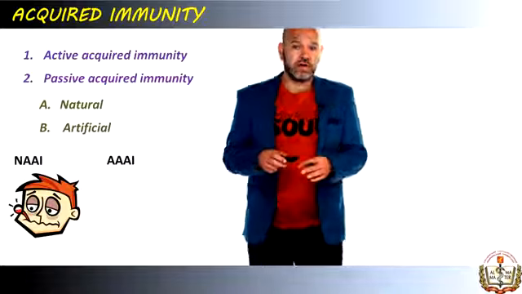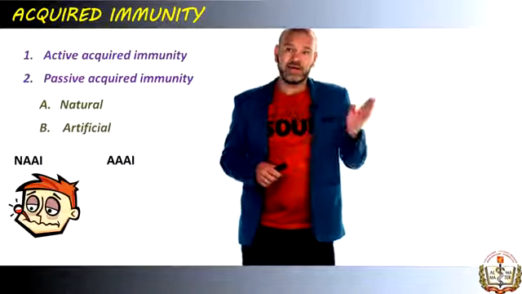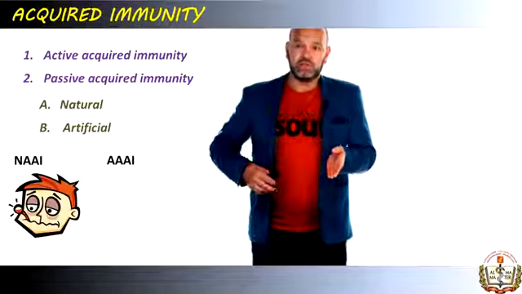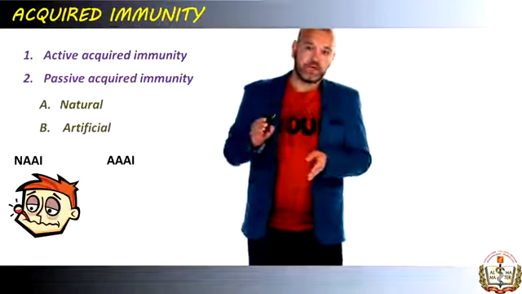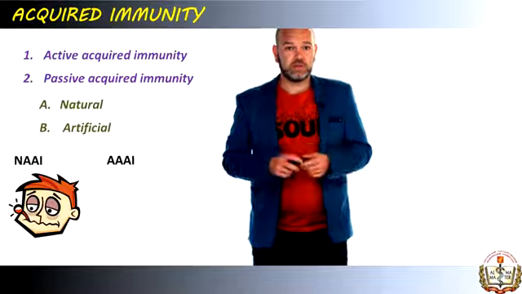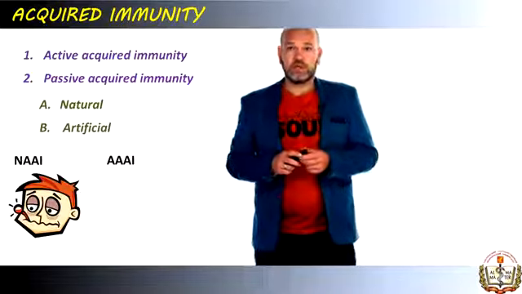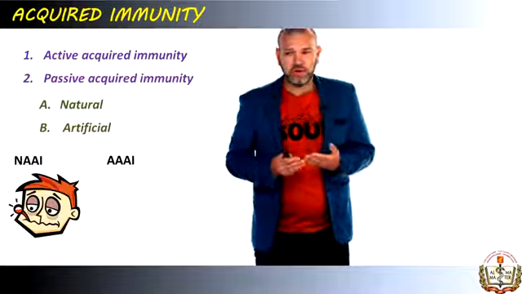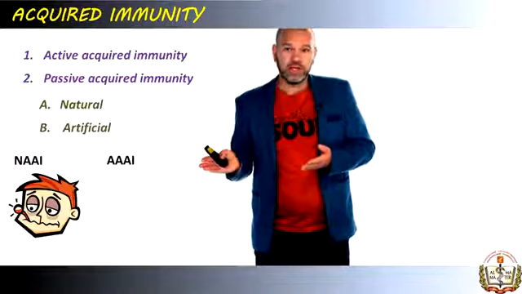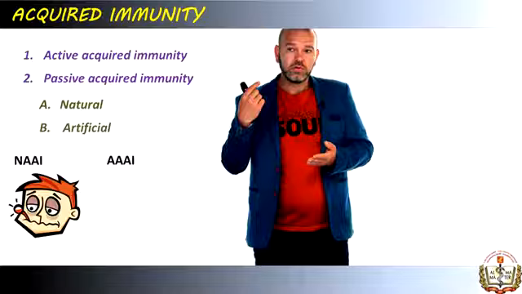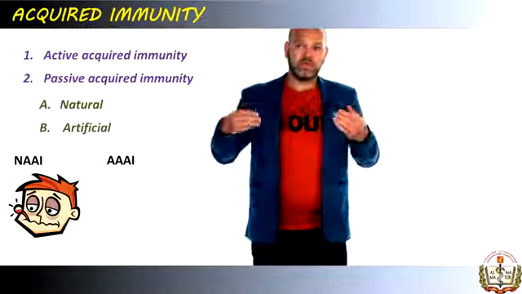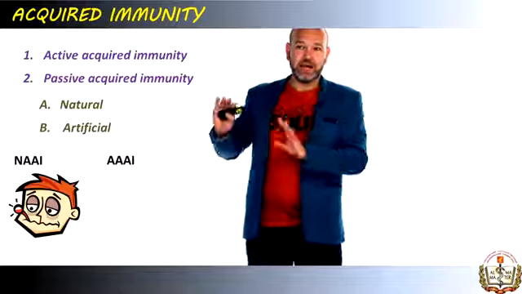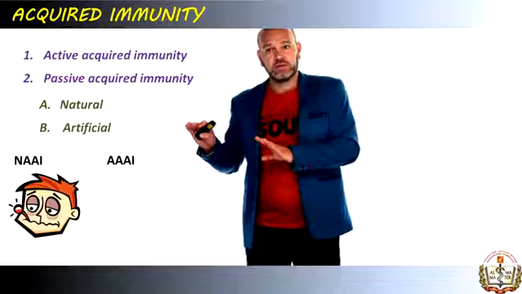Number 2, artificial, active, acquired immunity. Again, acquired, everything after the birth. If it is active, it means your own system will produce antibodies. It will be activated. What is artificial? What is an artificial way for a pathogen to invade your body? It means it will not go through natural inhalation or ingestion, but someone will give you that antigen artificially.